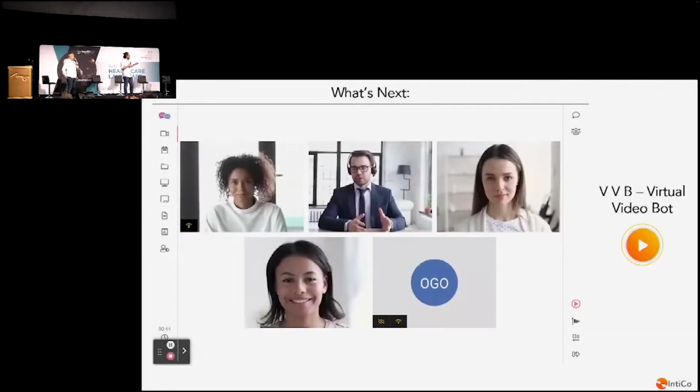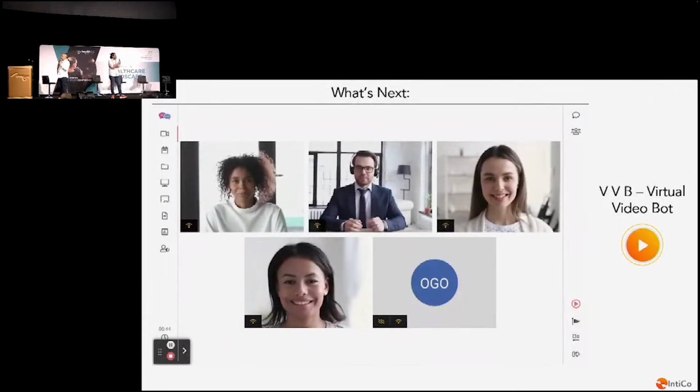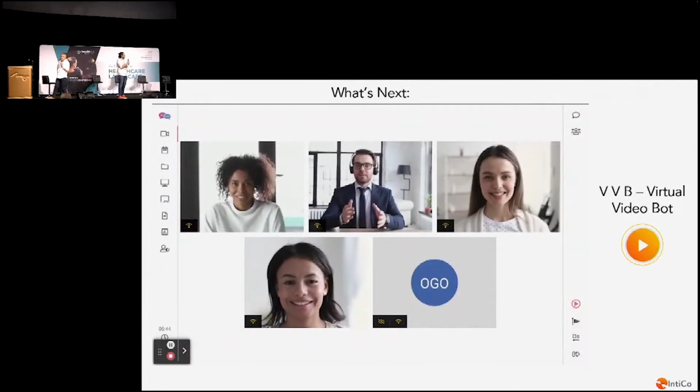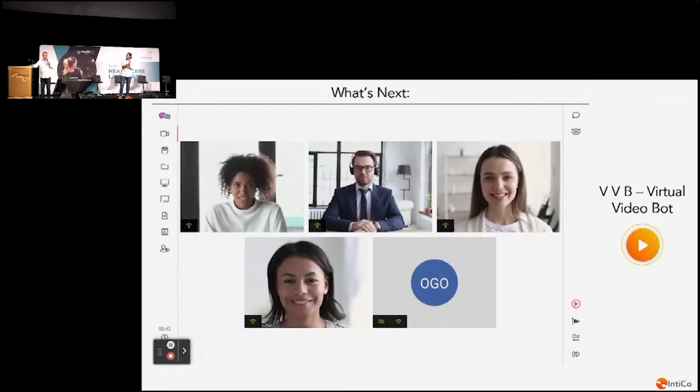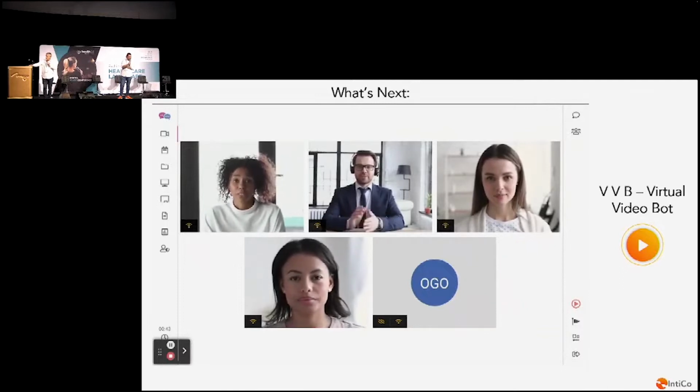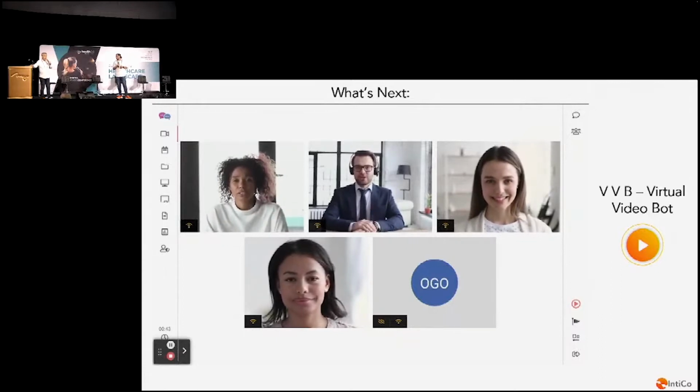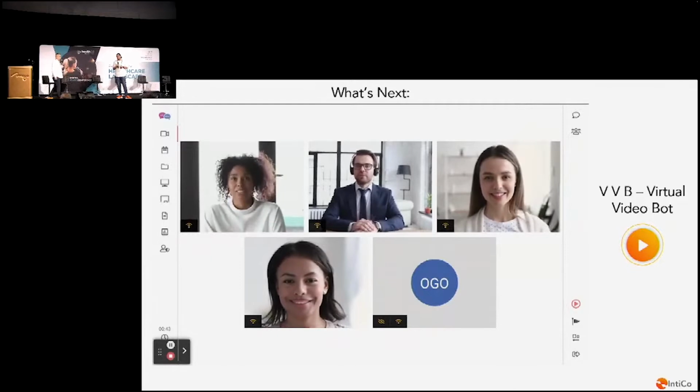And this, so let's check this. This is almost our final slide, and this is what is next, okay? It is what we call a virtual video bot, and although it looks like a regular Zoom call, those are actually not real people. Those are robots that will be able to help you on a video call if you request it.